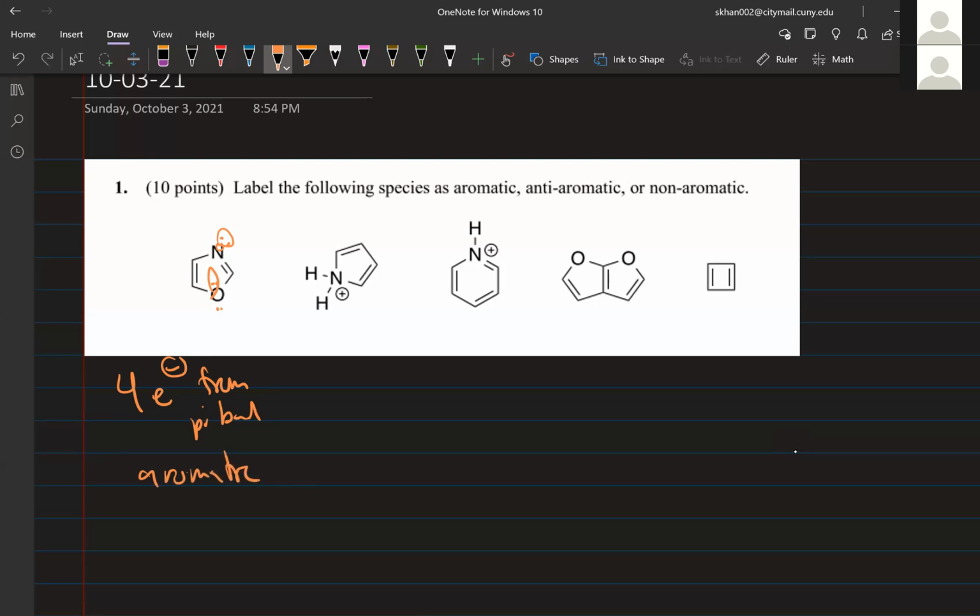If this was something like, I don't know, like that, right? And we had lone pairs here, right? What would you expect this molecule to be? Non-aromatic.